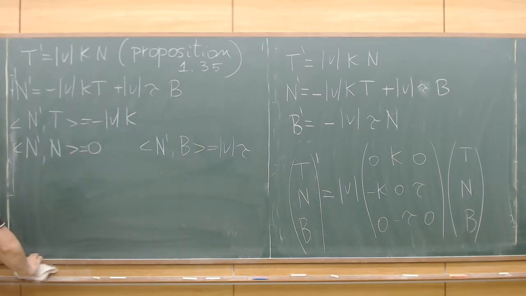So essentially, these three formulas say what are the components of n prime in the direction given by the vectors in the Frenet frame.